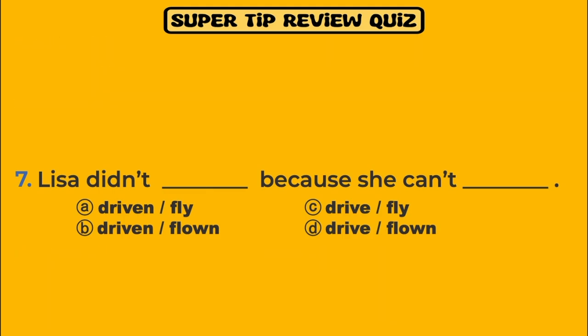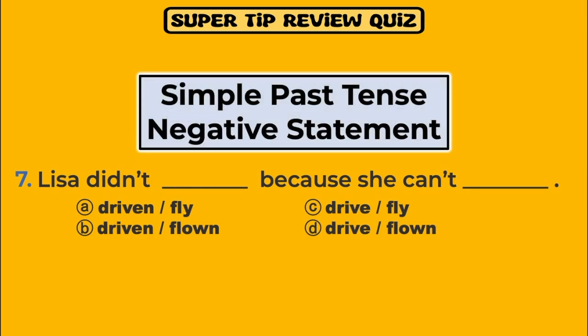Number 7. Lisa didn't drive because she can't fly. This one is a simple past tense negative statement. Right? We have a double negative there. We have 2 negatives. Didn't and can't. All right, we need 2 answers, so I'm going to look for 2 signals. My first signal, it's the did. My second signal, can. And now I apply the rules that we learned in the super tips. Did plus verb 1.